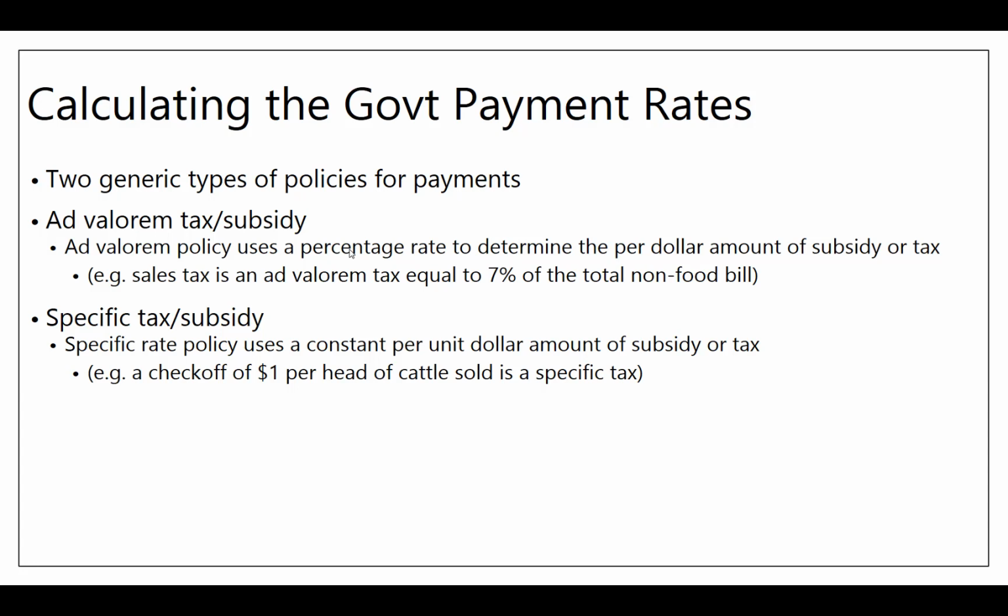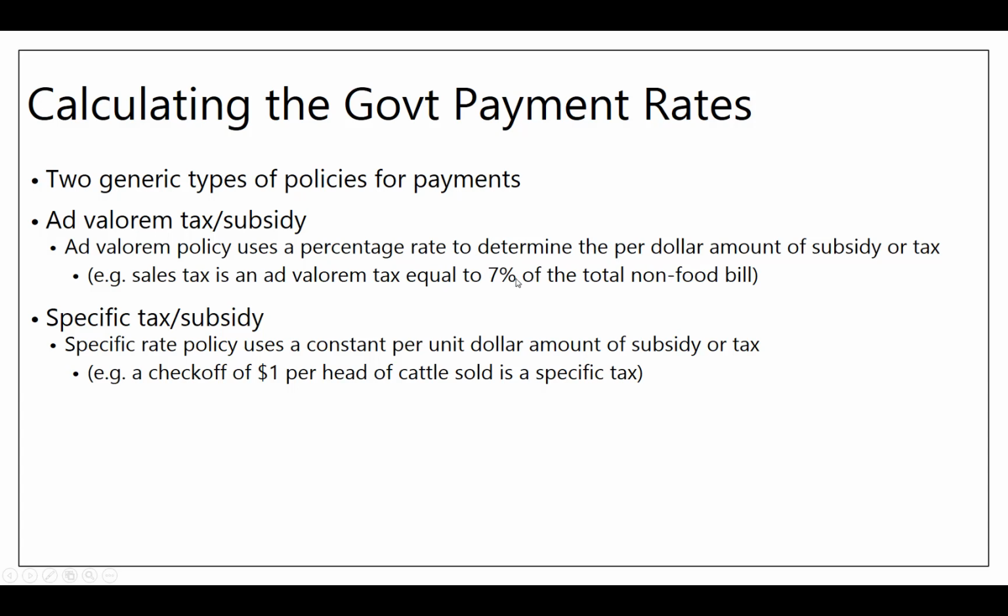And so the easiest thing to do would be to think about Social Security tax, which is 8.5% of your income up to a certain dollar amount. But anyway, that's an ad valorem tax on your income. Or the easier one to think about is the sales tax.